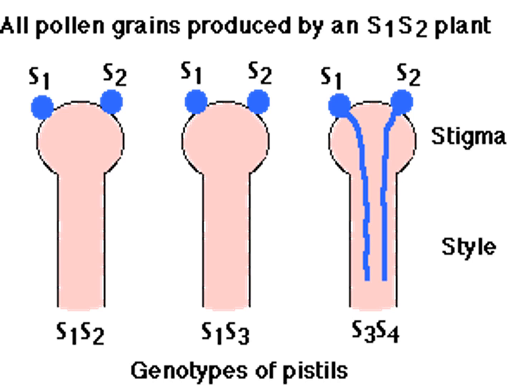And if we have a stigma of S3, S4, then S1 and S2 can penetrate, like the gametophyte. So here you can see that S1 prevents S2 from penetrating because it is dominant over it.